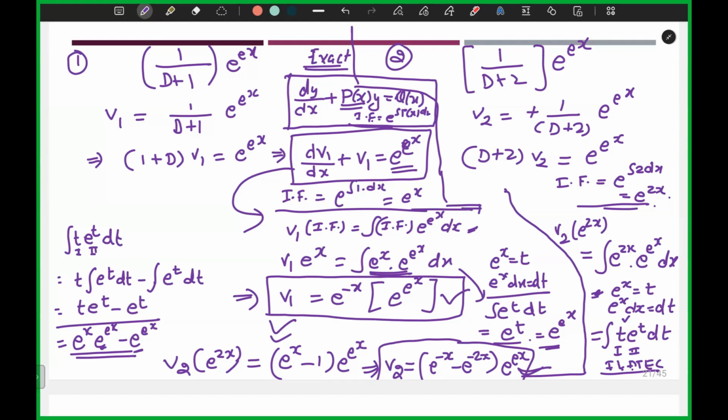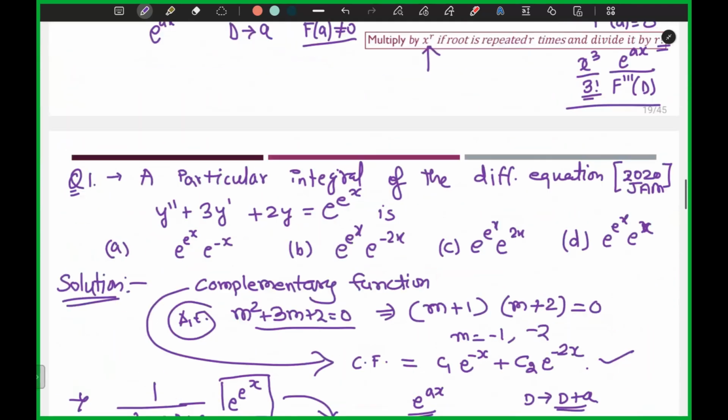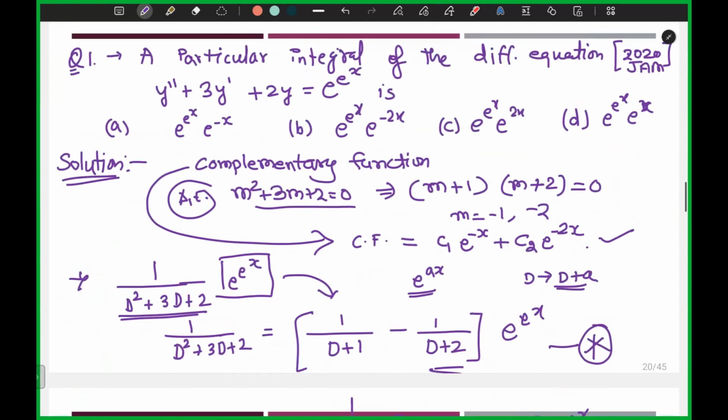Yes, sir. Sir, otherwise breaking it into partial fractions, is it not possible to do another way? I think there is no other way, because e to the power x. Yeah, you can do it another way. Another approach is that you just put this thing. This is a particular integral, right?